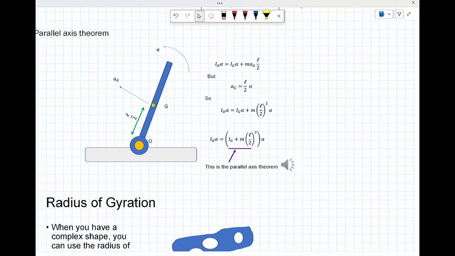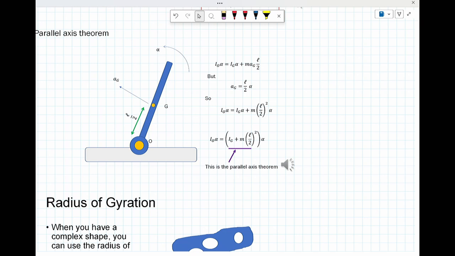So one of the very typical cases you look at is an object, a linkage that is pinned at one point, and you want everything about point O. And so you know that you can say IO alpha is Ig alpha plus m aG L over 2. aG is the translational acceleration of the center of mass.